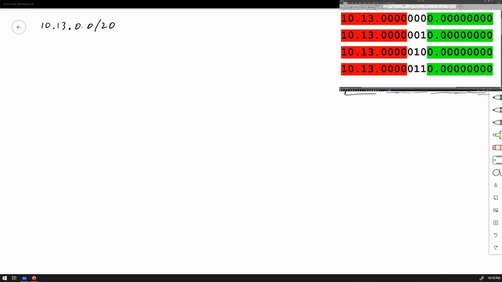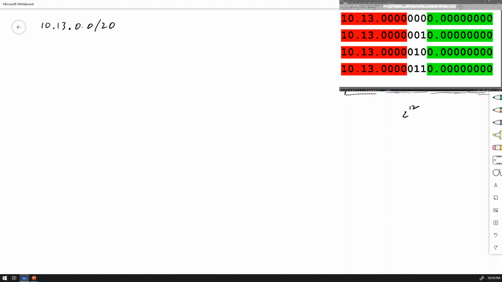All right, so I have another thing with me. The other tree, the smaller tree, so we have a total of 12 bits to work with, right? So 2 to the power 12, what is 2 to the power 12? 2 to the power 9 is 512, so 2 to the power 12 is 512 times 8, which is 4096, right?